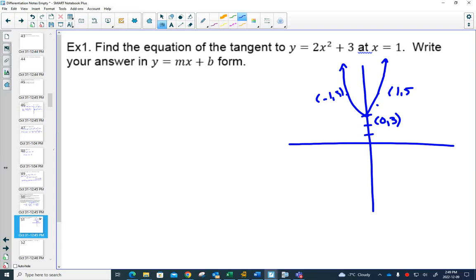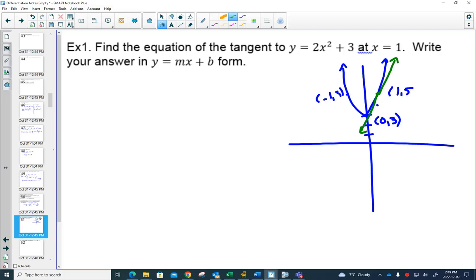Then at 1, 5, they're saying, hey, there's a tangent line right there. We could use calculus to find its slope, but we want you now to find the exact equation. So how do we do that?